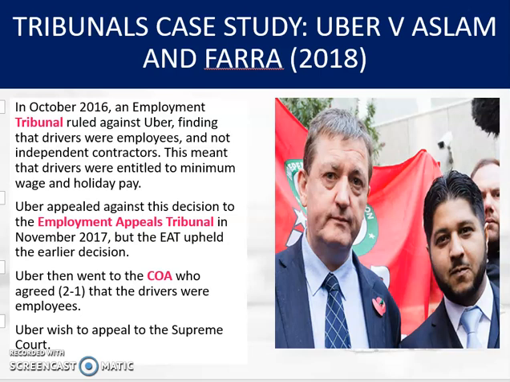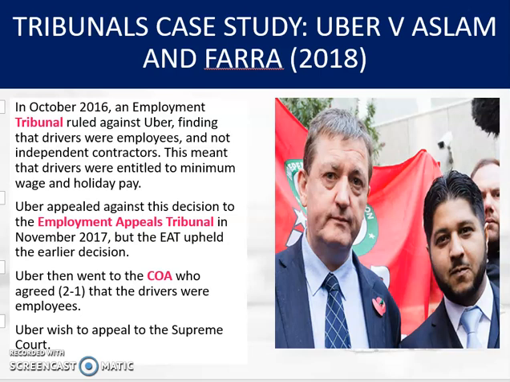And so Aslam and Farah were claiming against Uber in this tribunal and saying that they were actually employees. And the tribunal agreed with them. The tribunal said, yeah, you are employees and you are entitled to minimum wage, holiday pay, and the other benefits.